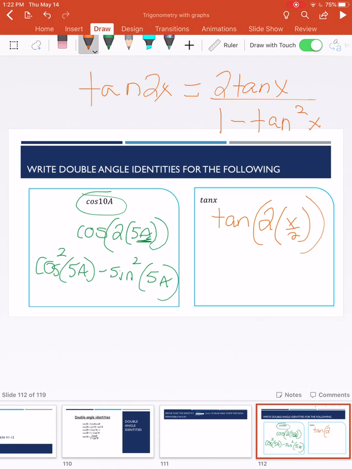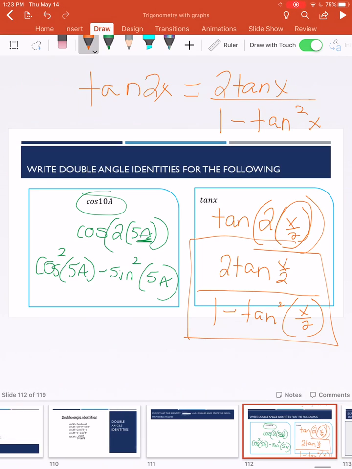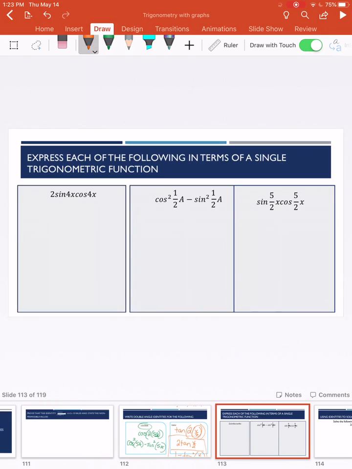So we can still write it with that double angle identity, but we need the 2's to cancel out, so our angle is actually x over 2. Now that I know that, I can use my identity on the right here. I'm going to replace all of my angles with x over 2. Perfect. All right.